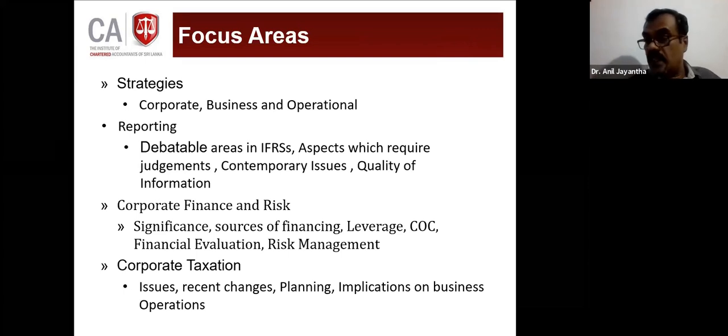In terms of strategies, mainly focus should be given on corporate strategies, of course, then business strategies and operational strategies. So they are the subcategories of strategies. Strategic management, and there are some other areas, leadership styles and organizational behavior, so many things.